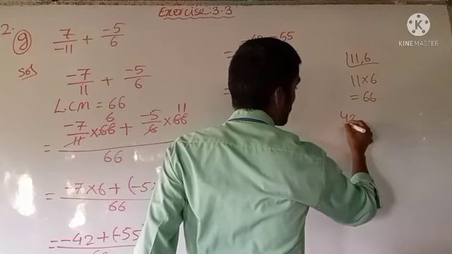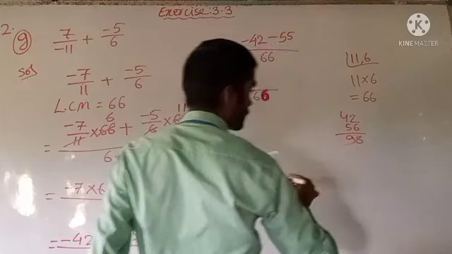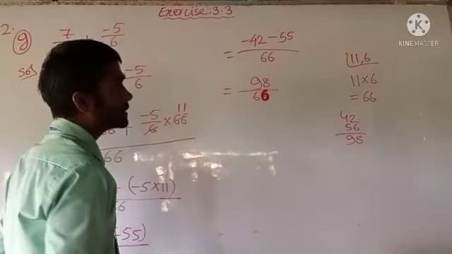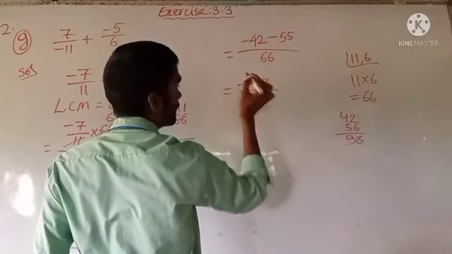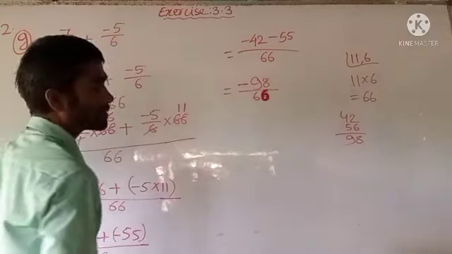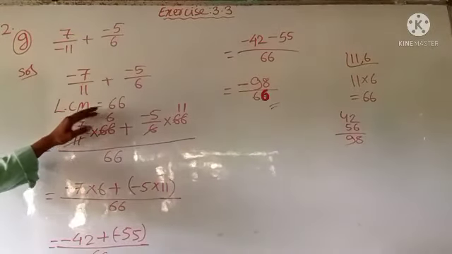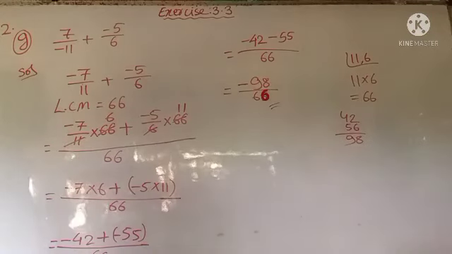So 42 plus 56, 6 plus 2 is 8, 5 plus 4 is 9. So we got here 98, and the sign of the greater integer, that is 55 is greater and the sign is minus, so we write that minus sign. Now this is our required answer. So in this way you can solve by finding the LCM and then multiplying each fraction with the LCM.